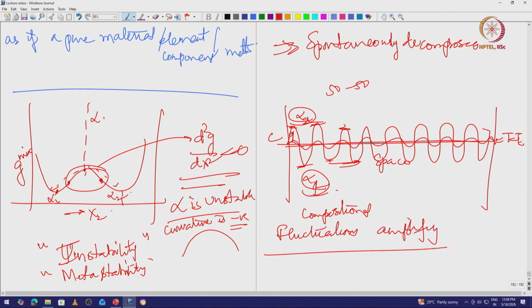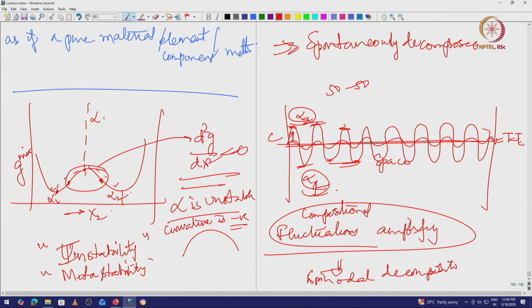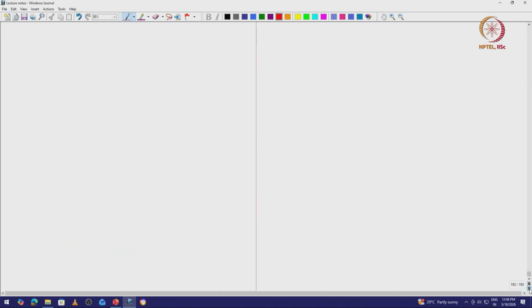So, this is the nature of what is called spinodal decomposition.